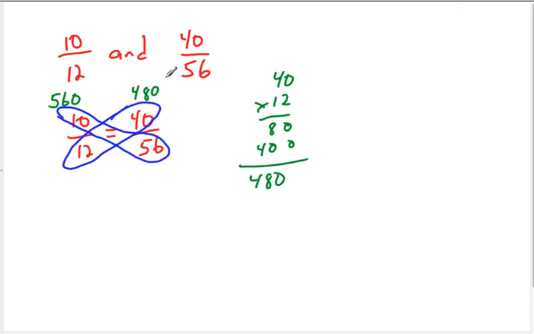Let's try some more. Let's try 3/8 and 6/16. So we're checking to see if these are in proportion. So this isn't really an equal sign yet. We're just double checking.